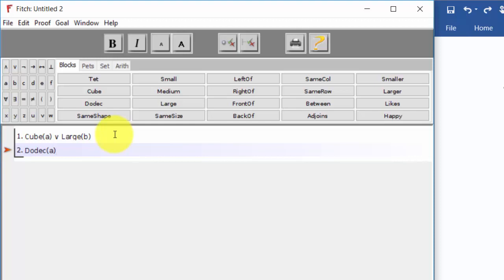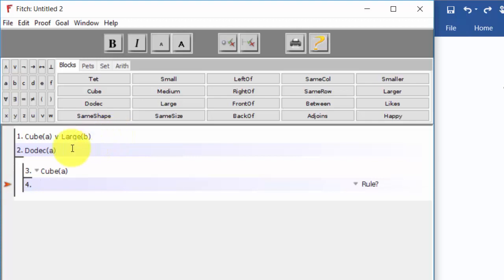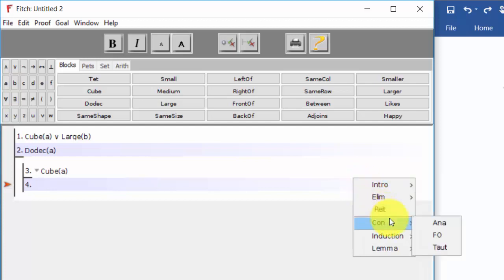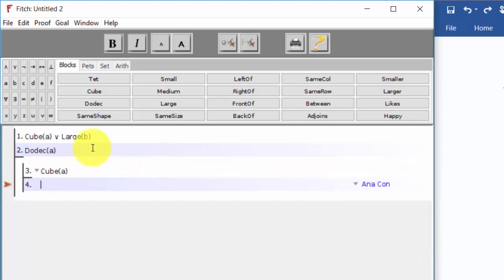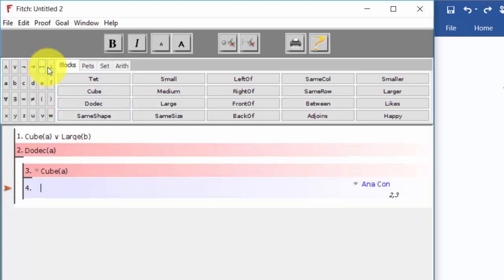All right, so let's take the first case, which is that A is a cube. And because A is actually a dodecahedron by premise 2, what I can do then is use AnaCon to infer a contradiction.